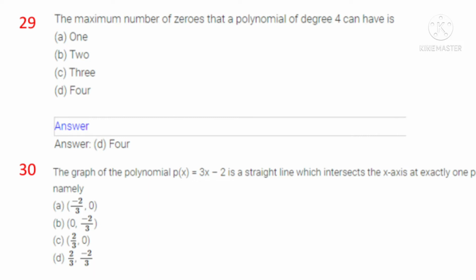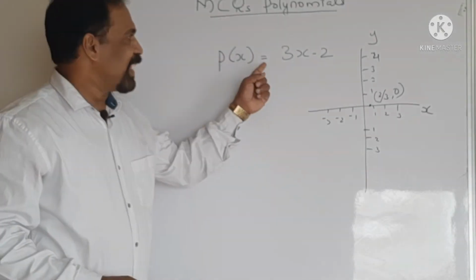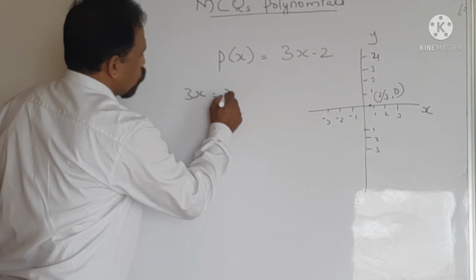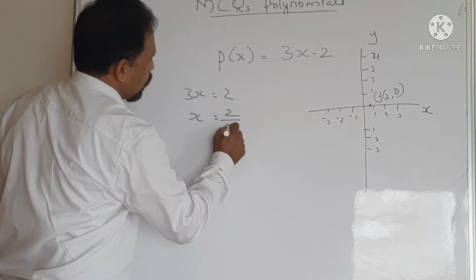Let us do question number 30. The graph of the polynomial p of x is equal to 3x minus 2 is a straight line which intersects the x-axis at exactly one point, namely. 4 options are given. So let us solve this. P of x is 3x minus 2. Therefore, 3x is equal to 2, x is equal to 2 by 3.